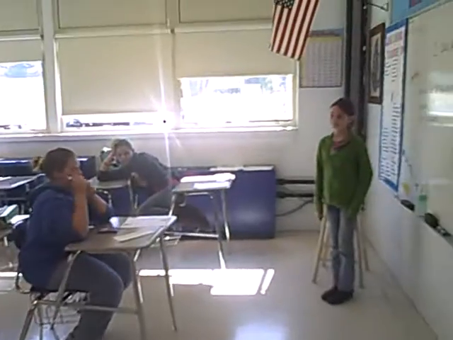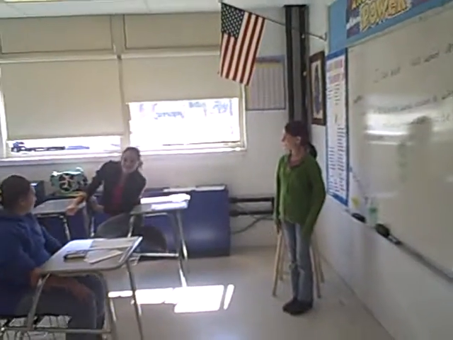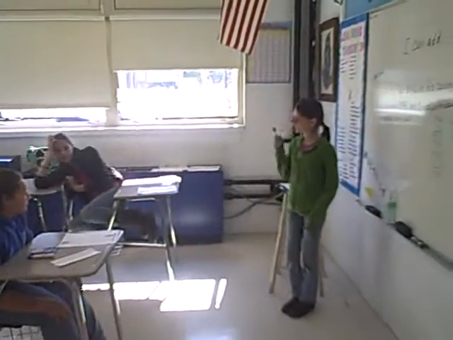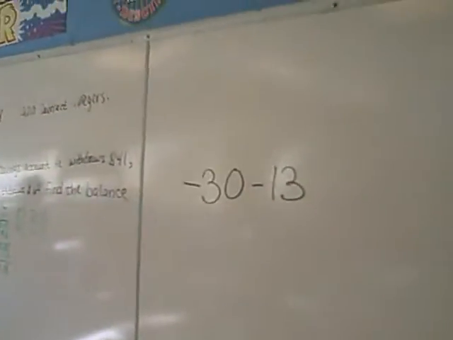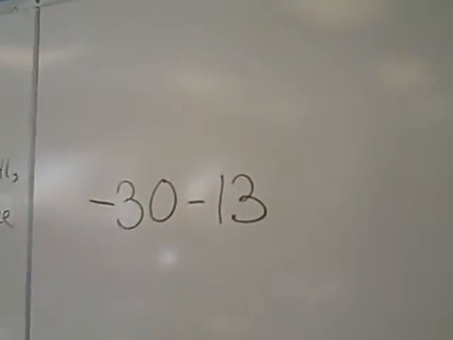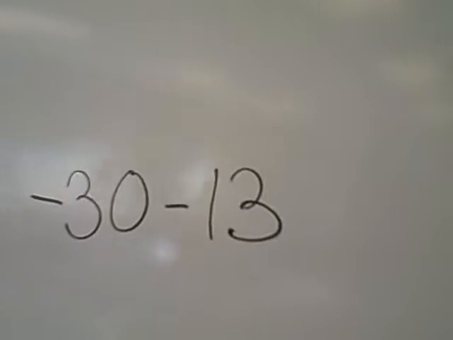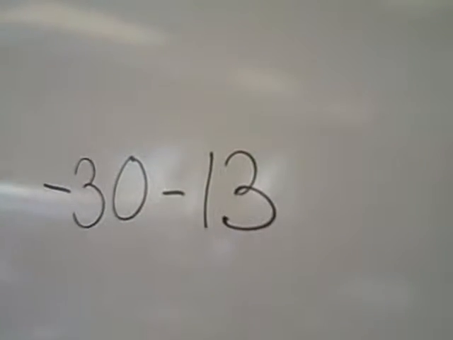Okay, while she's debating on how to do this problem, let's think back to one of the lessons that Mr. Geary talked about. Mr. Geary likes to think of problems like this as debt because we start with negative $30, okay?